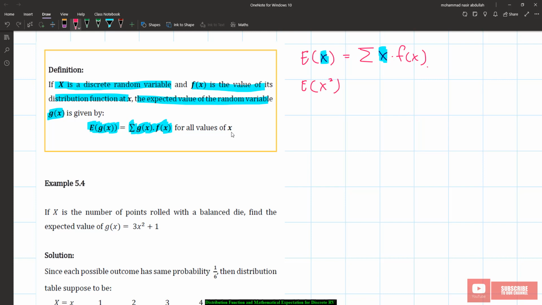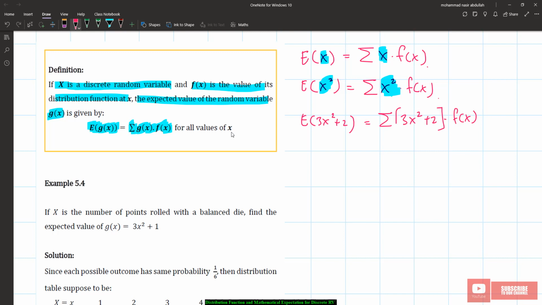So let's look at another example. X squared, this is what we already learned just now. Summation of x squared multiplied with f(x). So whatever in the bracket will be the coefficient value. So if you have E[3X squared plus 2], it should equal the summation of (3x squared plus 2) multiplied with f(x).